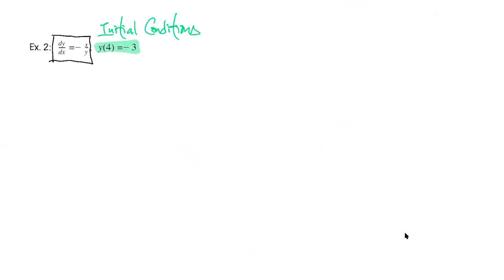And what initial conditions do is they help us find our answer not just with any old C, but a very specific C. This gives us a number for C. So at the end of this problem, we're going to have our implicit solution, but we're also going to have a number in for C. So we will not have any C's in the end of our answer, okay?